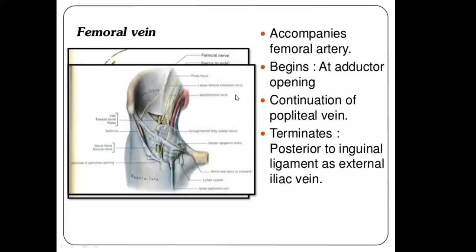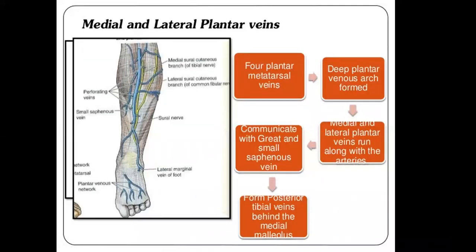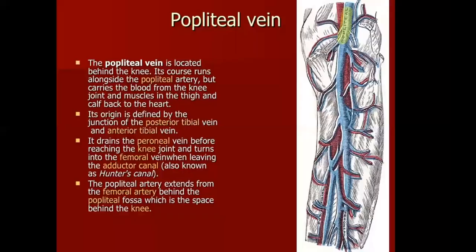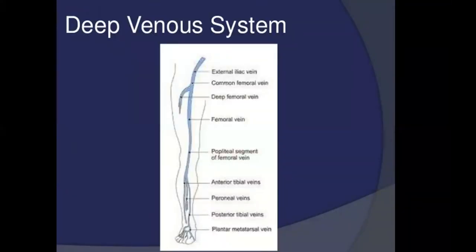So mainly we have the posterior tibial vein, anterior tibial vein, then the popliteal vein, the femoral vein, and external iliac veins. These are the deep veins of the lower limb.